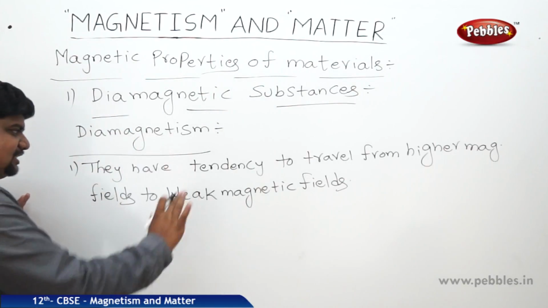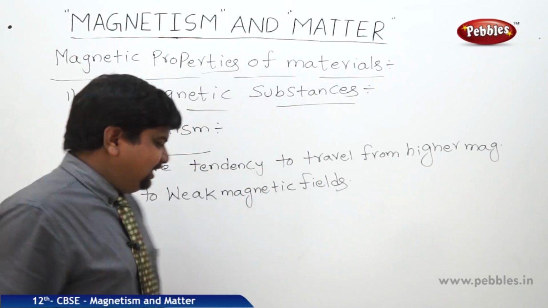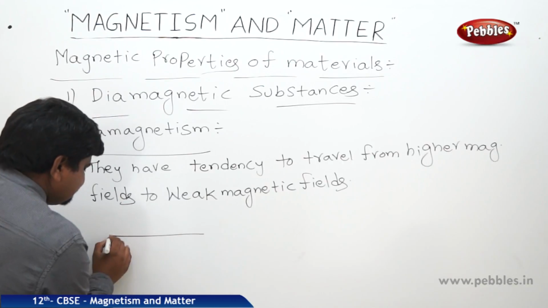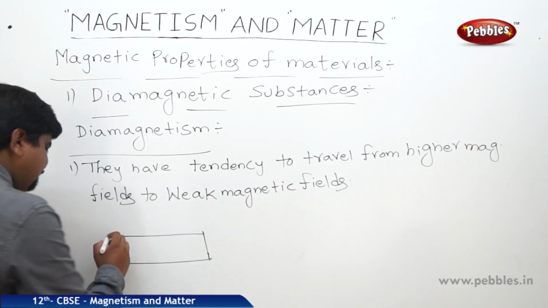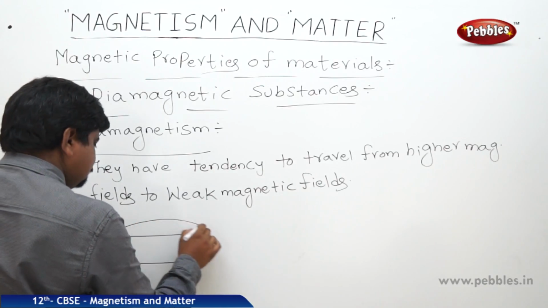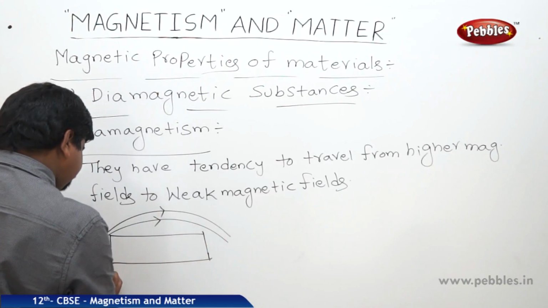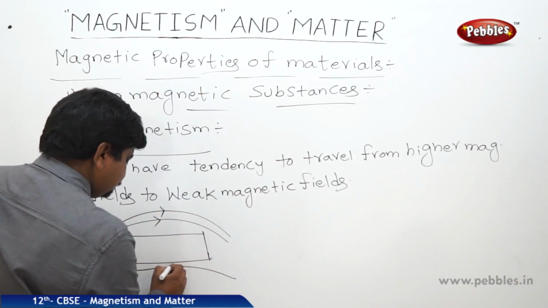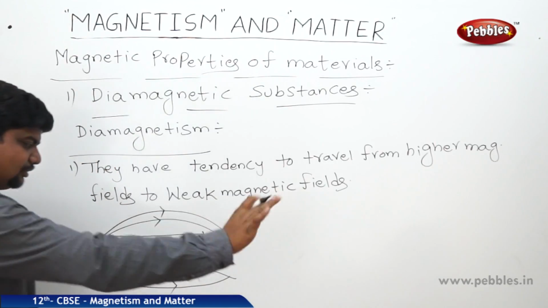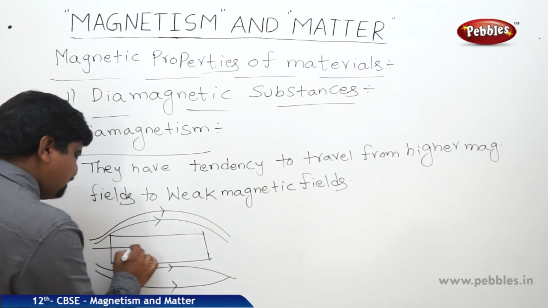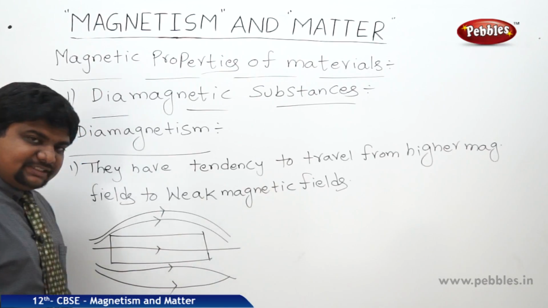So this is the first important point to observe the diamagnetic behavior of the substances. That means if this is the diamagnetic substance, the magnetic field lines always expel out like this. There is no possibility to stay or to withstand a magnetic field inside the diamagnetic substance.